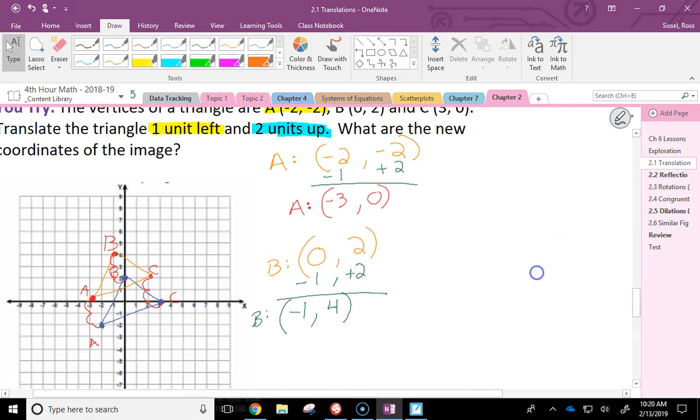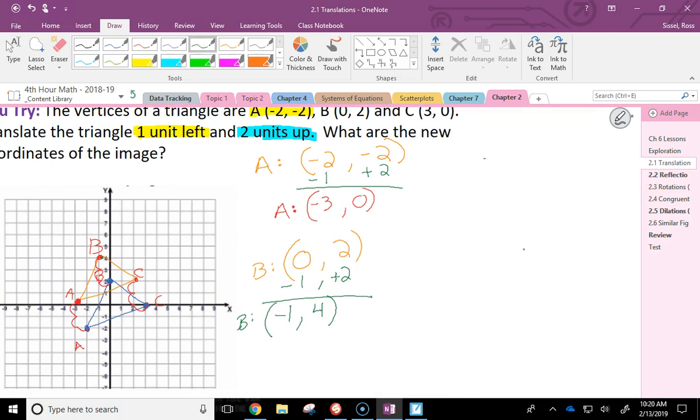We try the last one. I'm going to do it right over here. C was at 3, 0. Anyone think they can show the work now? Same rule, because all of them are the exact same. Haley, alright, what do you think?